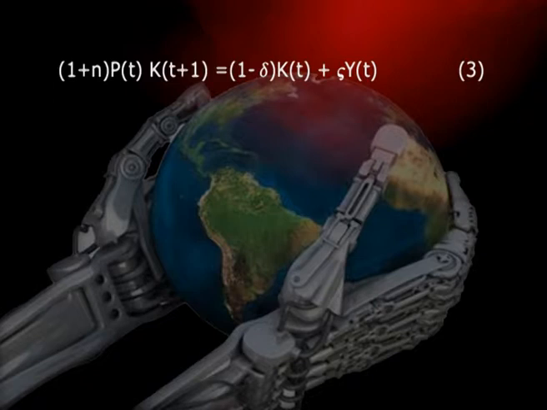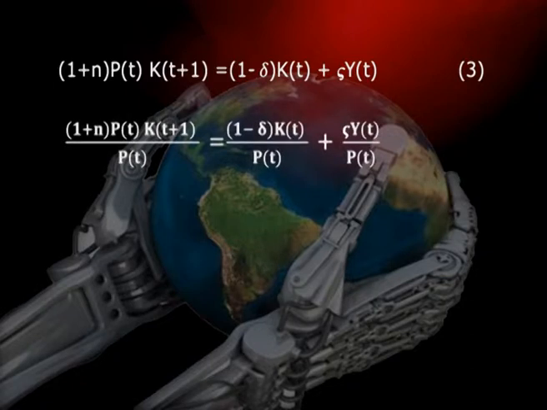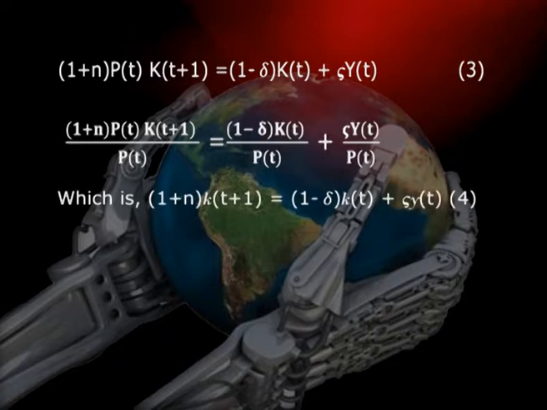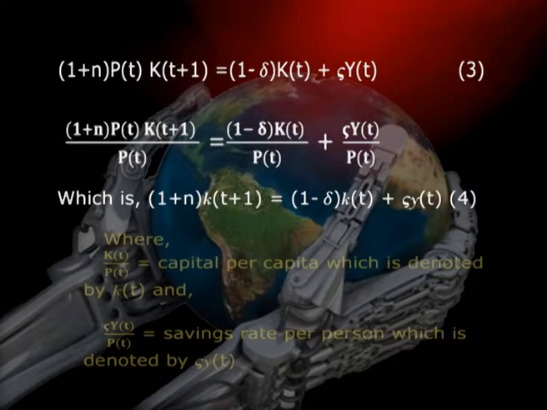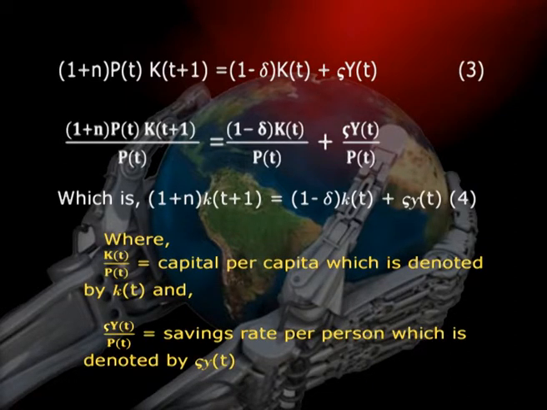Dividing equation 3 by Pt, we derive 1 plus n into Kt plus 1 upon Pt, which is equal to 1 minus delta Kt upon Pt plus sigma Yt upon Pt, which is 1 plus n kappa t plus 1, which is equal to 1 minus delta kappa t plus sigma gamma t, where Kt divided by Pt is equal to capital per capita, which is denoted by kappa t, and sigma Yt upon Pt is equal to savings rate per person, which is denoted by sigma gamma t.